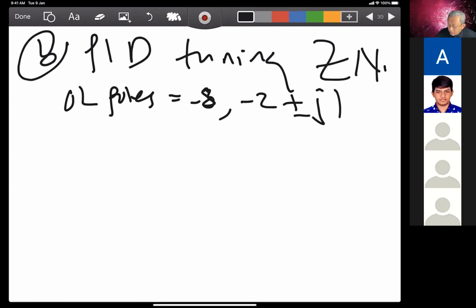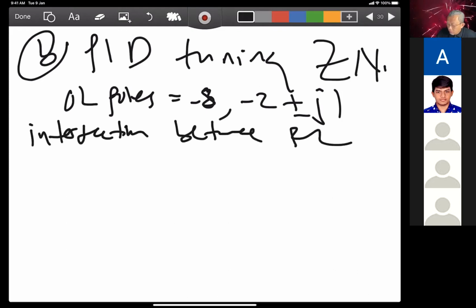And then what are the intersections between the root locus and the imaginary axis?